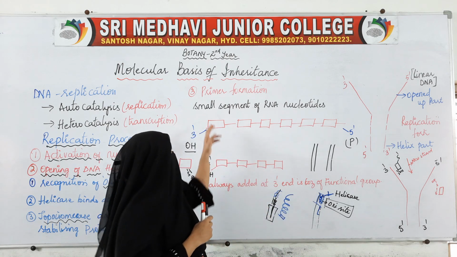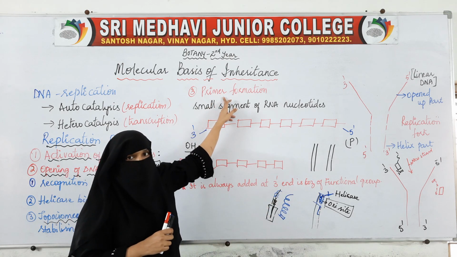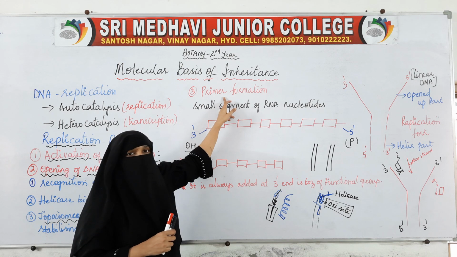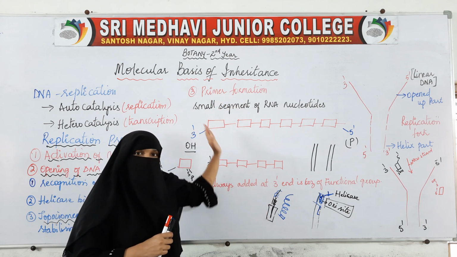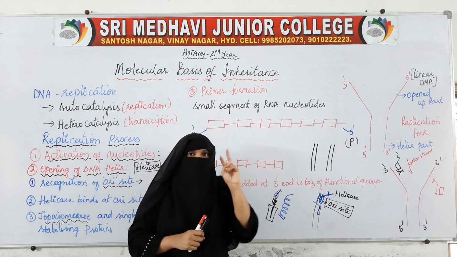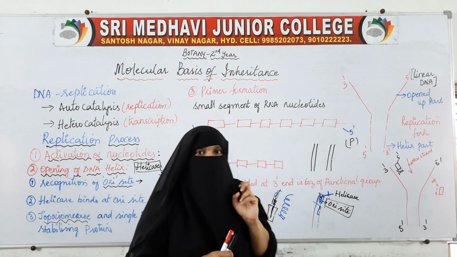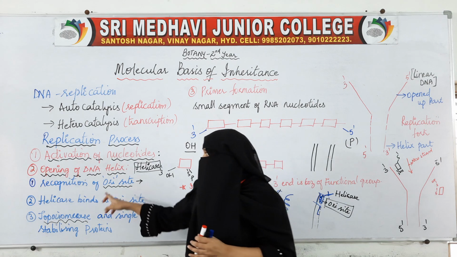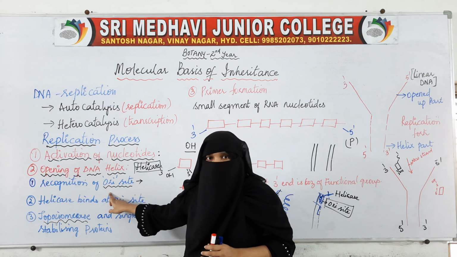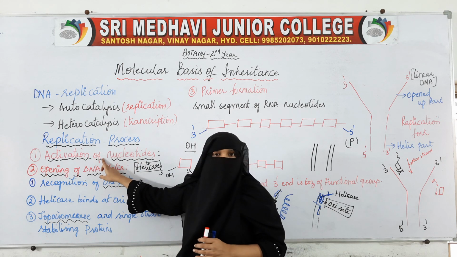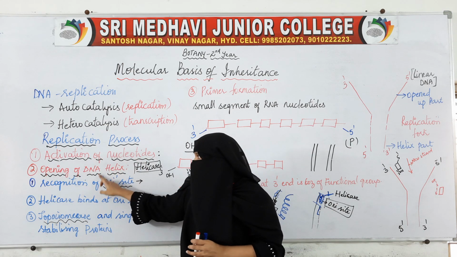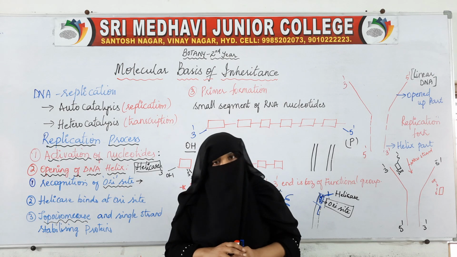Now, coming to the third step. The third step is primer formation. This primer formation we will see in the next video. Till now we have seen two steps of DNA replication. The first is activation of DNA nucleotides and the second is opening of the DNA helix.